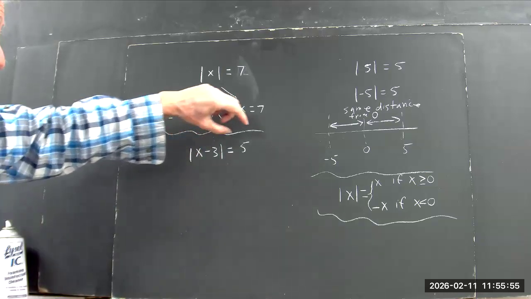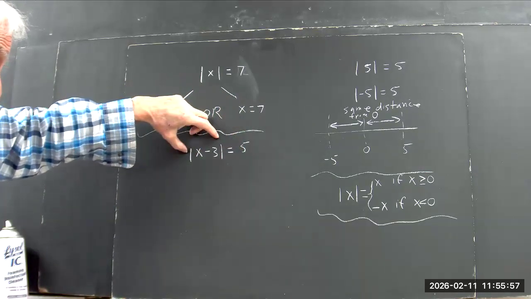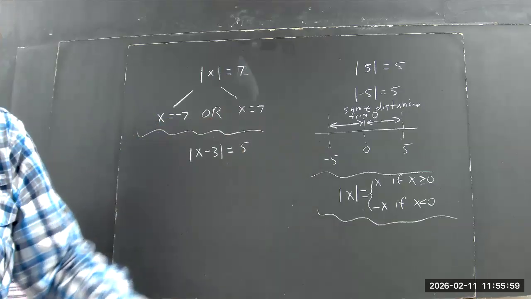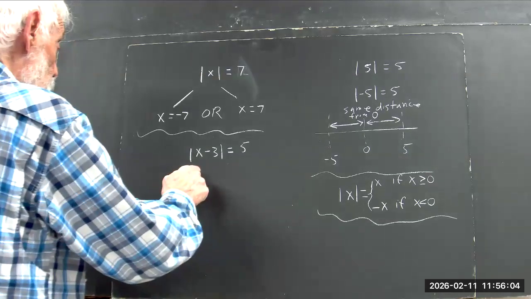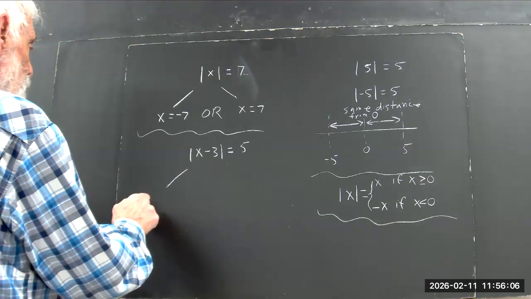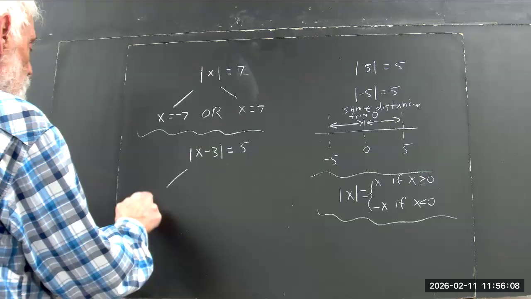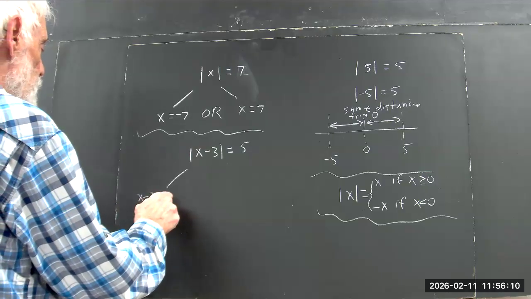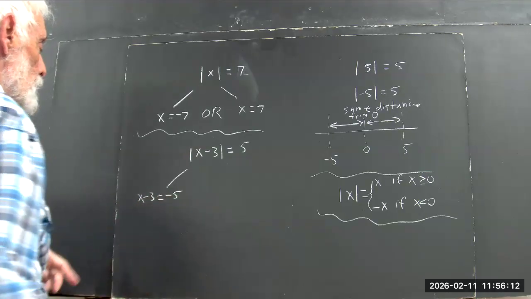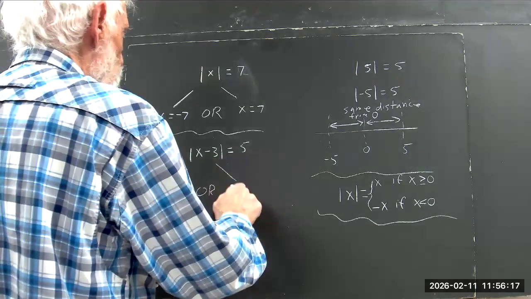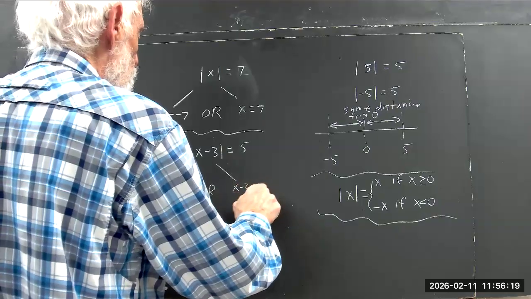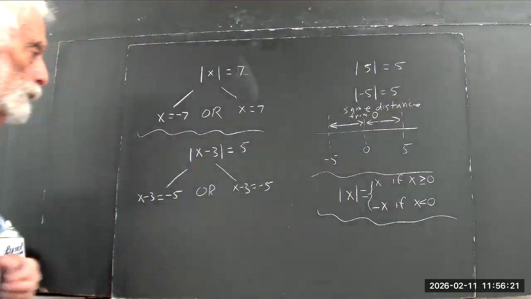If the absolute value of something equals 5, then that something has to either equal 5 or negative 5. So it's very easy to solve this equation if you just remember that whatever's in the absolute value sign, which in this case is x minus 3, could equal 5, or it could equal negative 5.